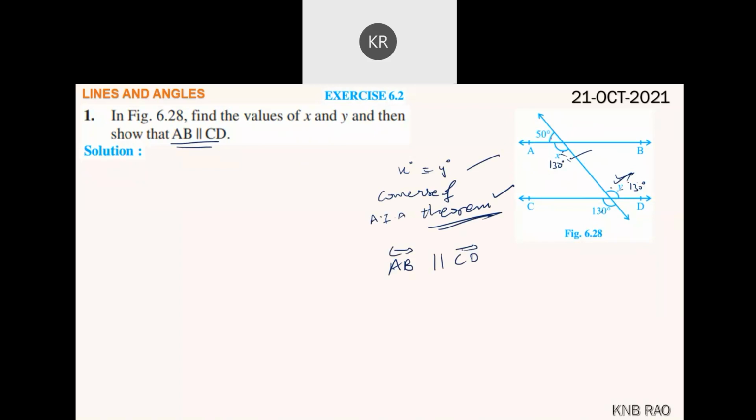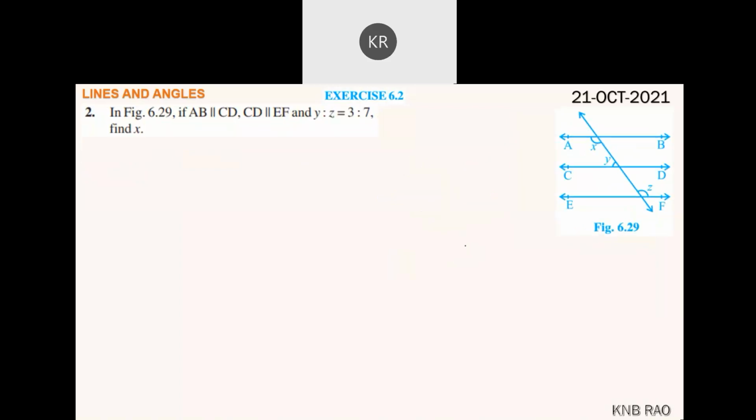Okay. Then, in question number 2, if AB parallel to CD, they gave, CD parallel to EF, they gave. Therefore, AB parallel to EF. Okay. Then, tell me. Sir, x plus y is equal to 180 degrees.